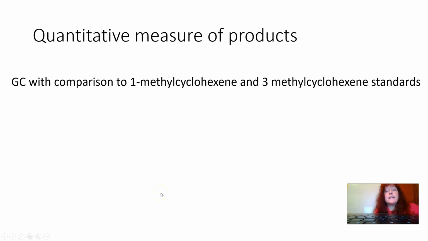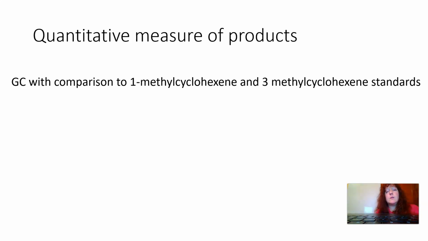You have a more quantitative measure when you go on to the GC. So we're going to be able to inject a sample of this onto the GC and find out if both products have been made and the relative amounts of each of those. Remember, with GC, it is only meaningful if you look at it in comparison to standards.